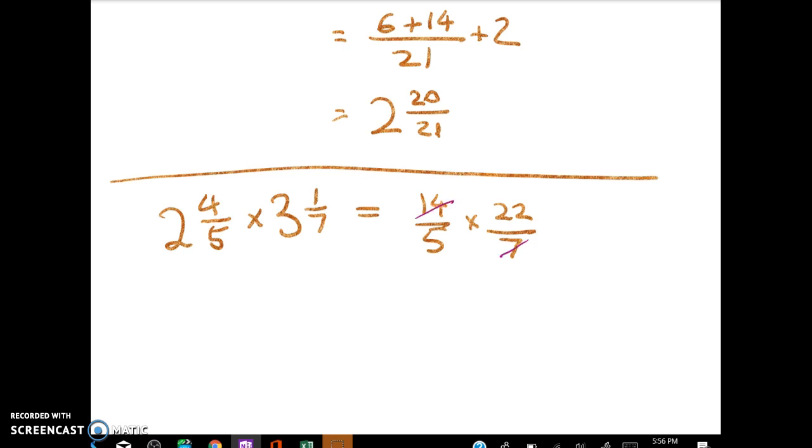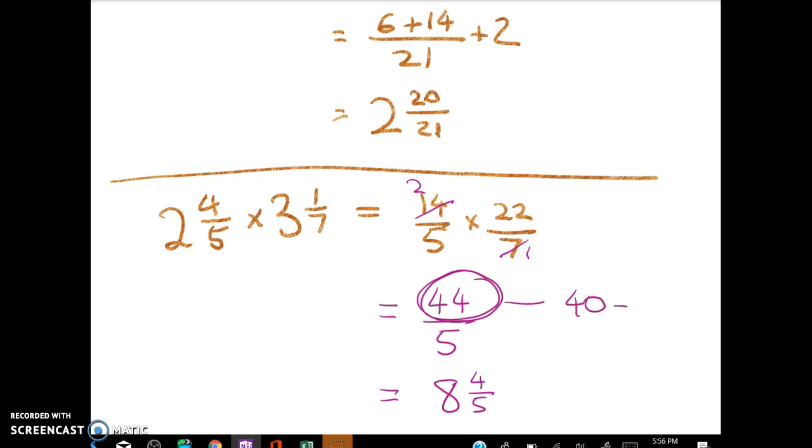So here I've got 14 over 7, which is 2 over 1. That gives me 44 over 5. And I'm going to write that as a mixed number, 8 whole numbers with 4 leftovers. So what am I doing there? 44 is equal to 40 plus 4.